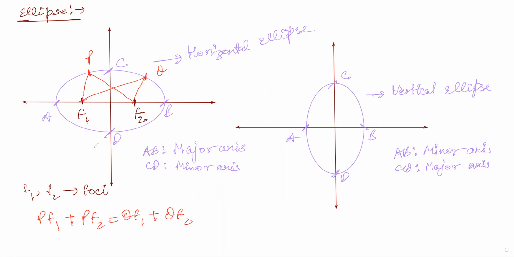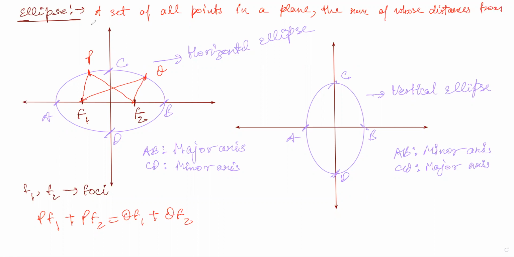An ellipse is the set of all points in a plane, the sum of whose distances from two fixed points in the plane is a constant. This is what is known as an ellipse.